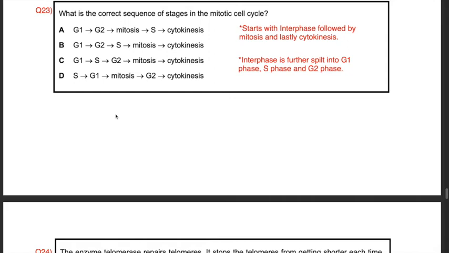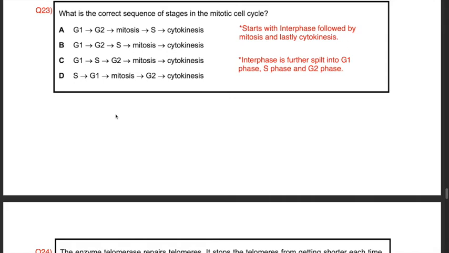So now we know that it starts with interphase. How is interphase further split? Since the answers do not have interphase but rather letters and numbers like G1, G2 as well as S, interphase is further split into G1 phase, S phase and G2 phase, and that is the right order.